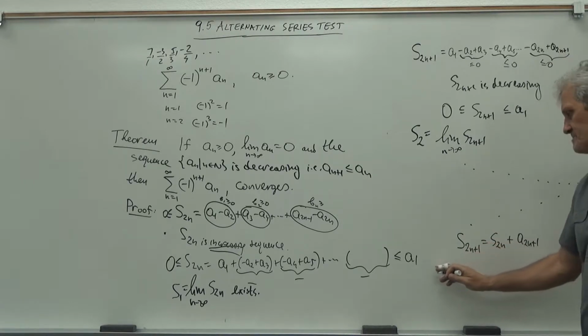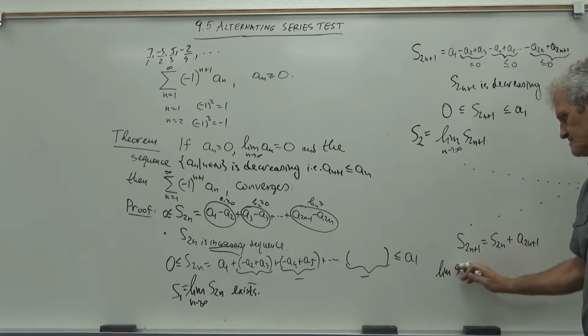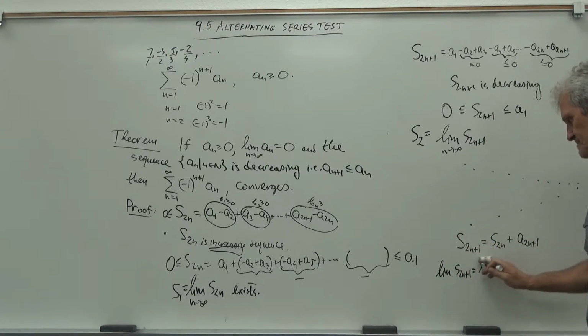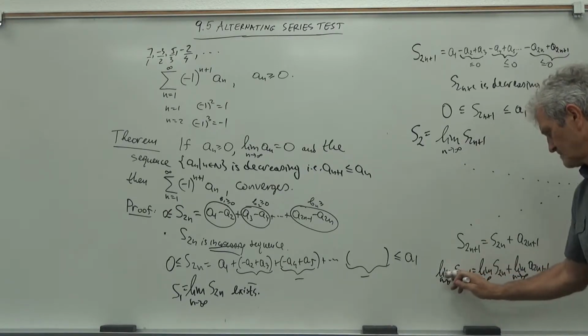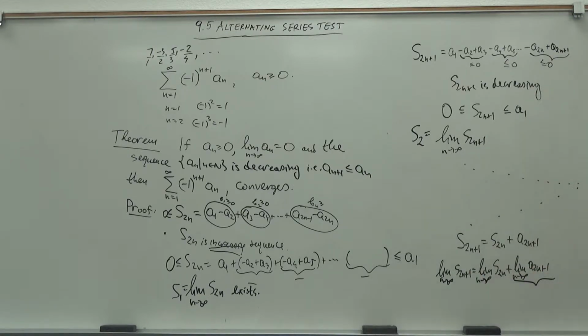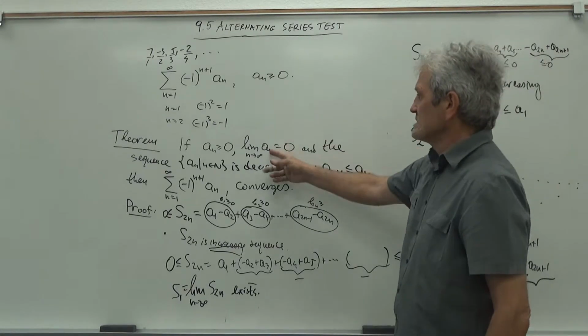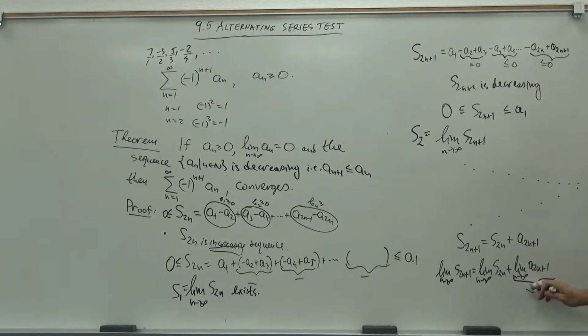If we take a limit when n goes to infinity, and here is the crucial assumption that the limit of An is 0, so this approaches 0.